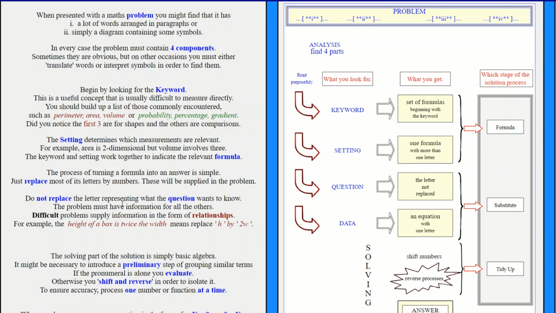We do not replace the letter representing what the question wants to know. The problem must have information for all the others.